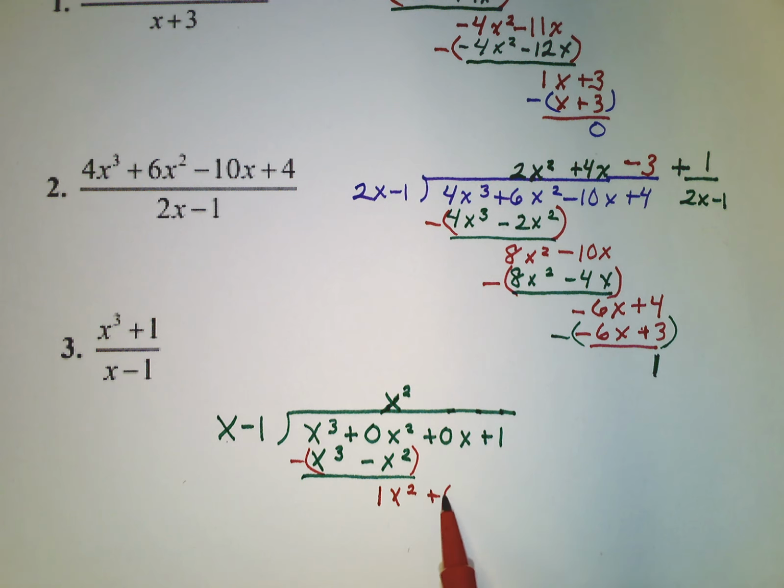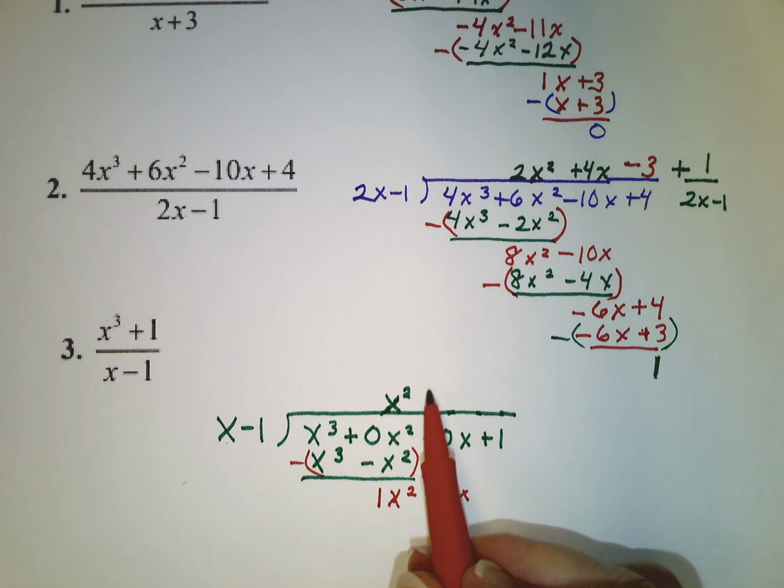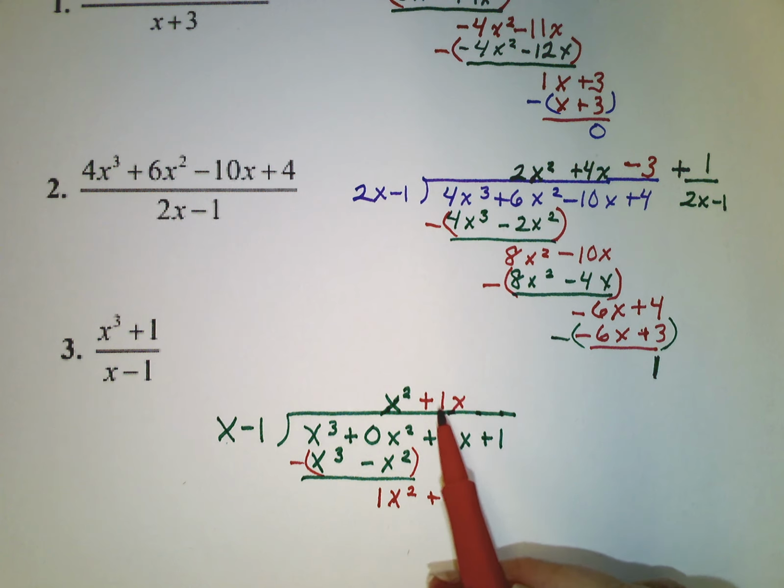Bring down the next term. Even though it's a 0x, we still bring it down because it's holding that place value. And now we divide x into x squared, or 1x into 1x squared. And so we would need a 1x. And you don't have to put the 1 if you don't want to.